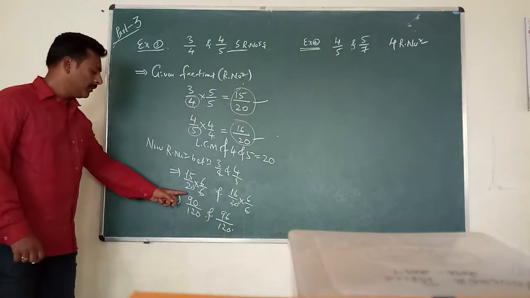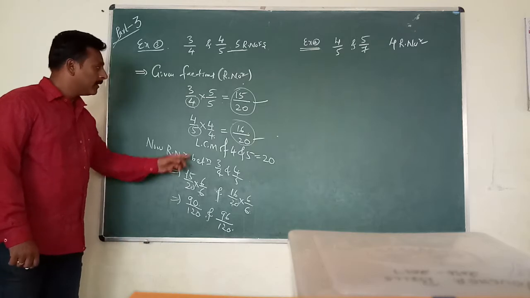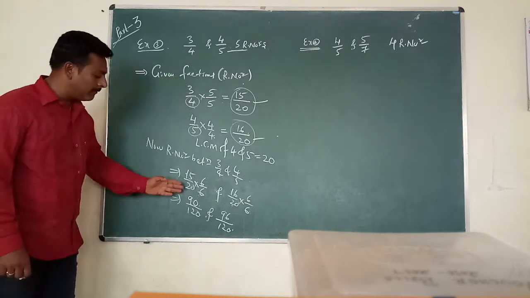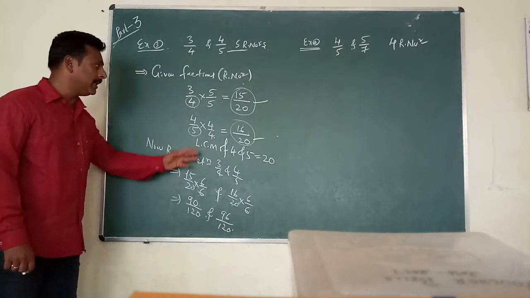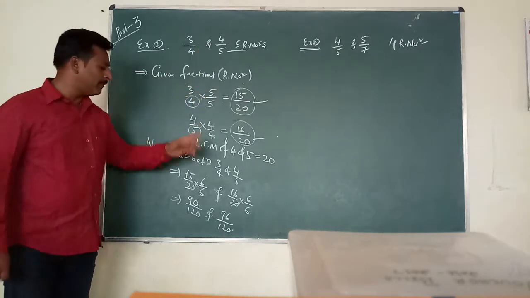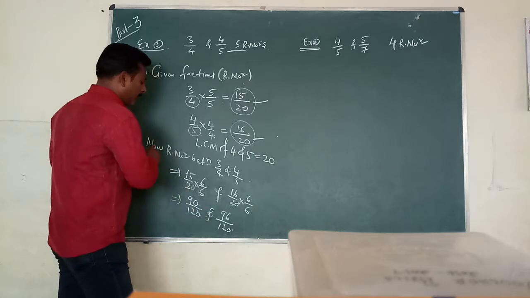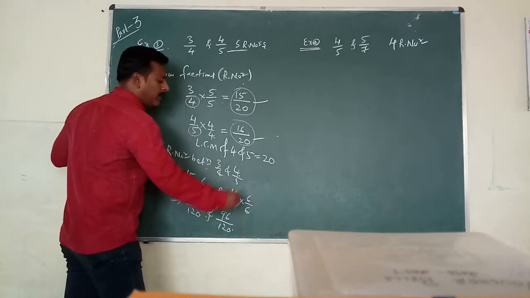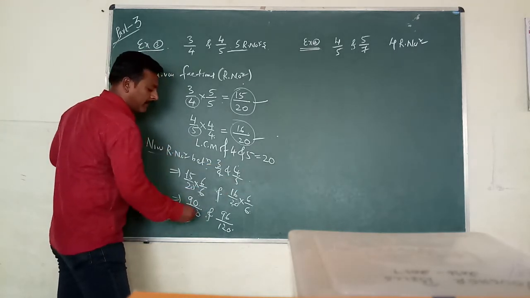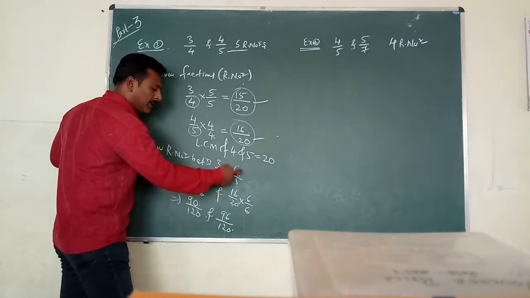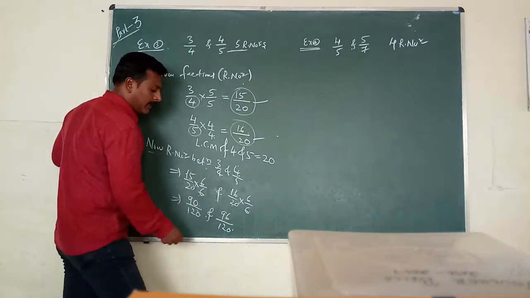Correct? So now we converted 3 by 4 as 90 by 120, and the other number 4 by 5 as 96 by 120. Therefore, the rational numbers between 3 by 4 and 4 by 5. If you cancel this, you will get the original rational number only, so don't try to cancel it.